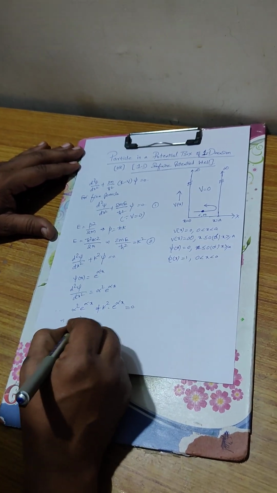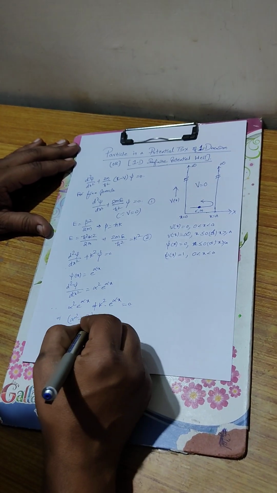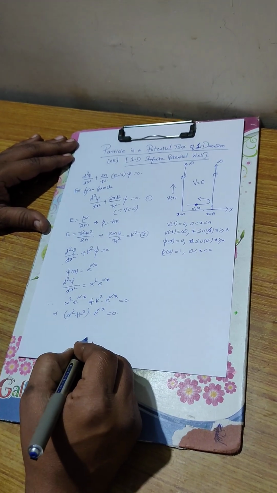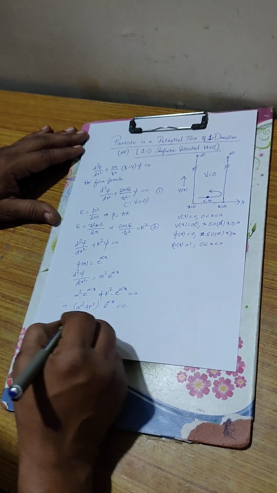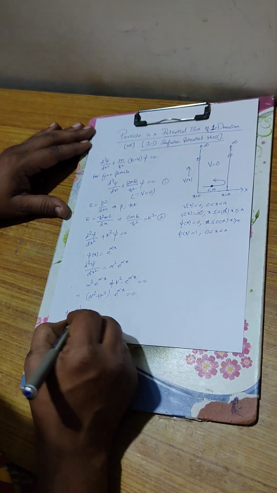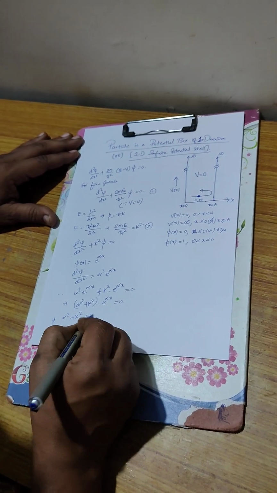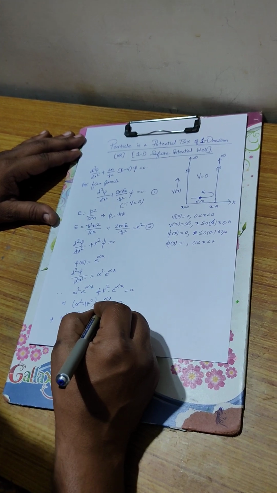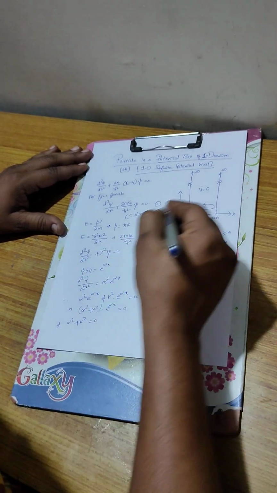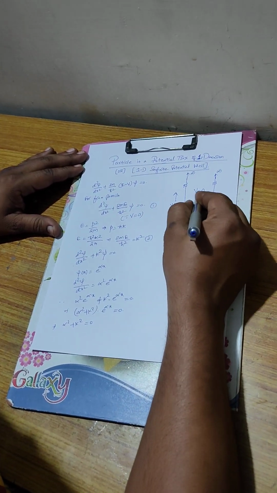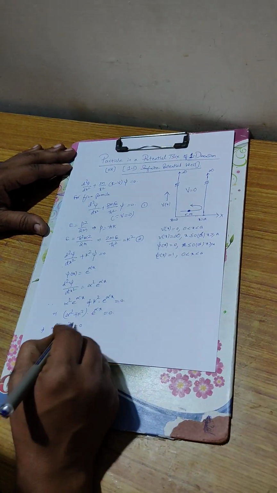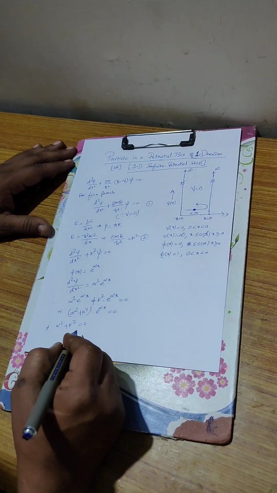This implies (α² + k²) e^(αx) = 0. According to this equation, α² + k² is taken to be 0, but not e^(αx), because if e^(αx) becomes 0, it means ψ(x) becomes 0. Therefore, there is no existence of the electron inside the well. The electron may exist outside the well, which is impossible. Therefore, α² + k² should be taken as 0.